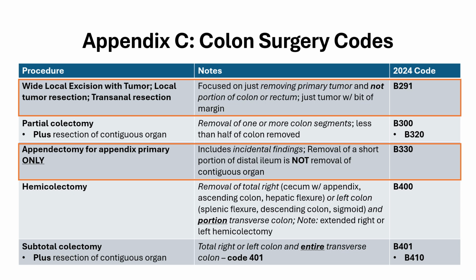If you have a subtotal colectomy, so this is a total right or left colon like we have in the hemicolectomy, except this time the entire transverse colon is removed, code 401. If you have this along with a resection of a contiguous organ such as small bowel or bladder, code 410.